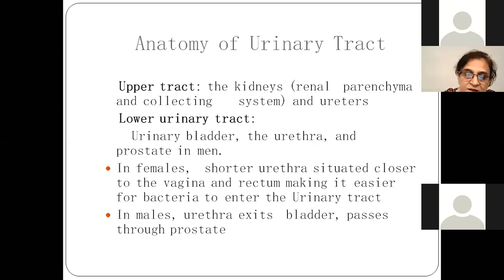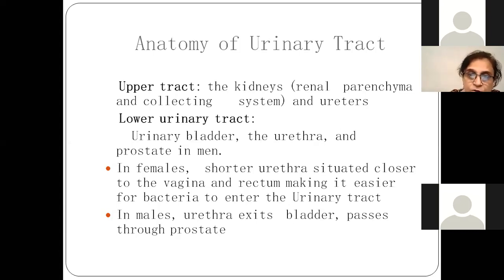Similarly, in males, we know that the urethra has to pass through the prostate. In young or adult males, urinary tract infections are not that common, because the opening of the urethra and the rectum are not very close to each other.